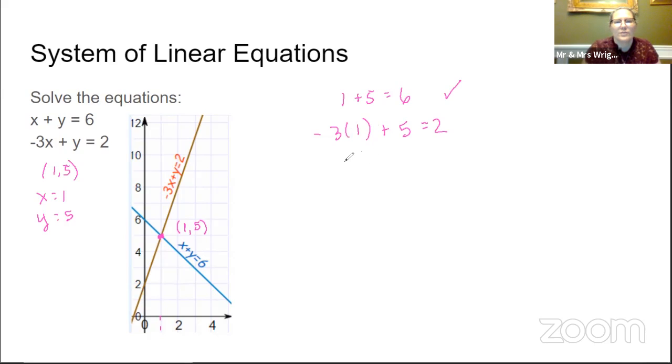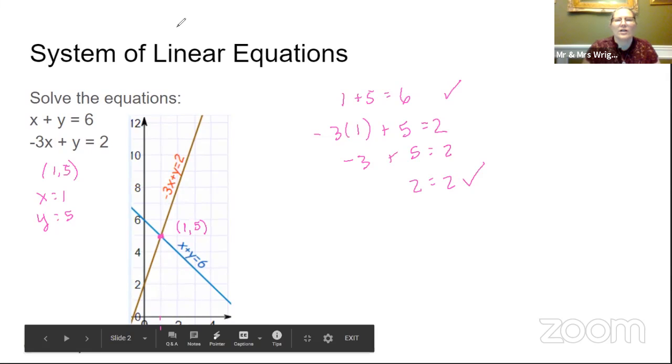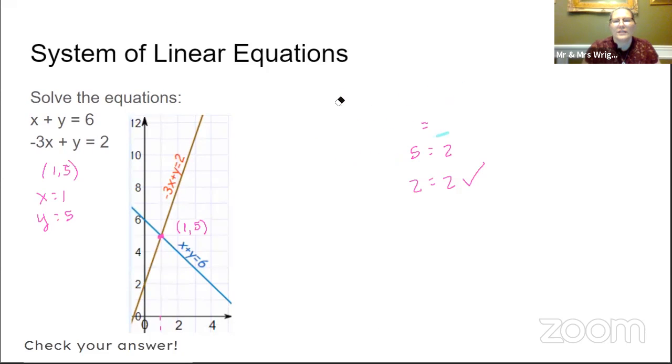Negative 3 times 1 is negative 3, plus 5 is a positive 2. 2 equals 2. That one is also true. So we do have the correct answers. That's how we check our answer when we are solving a system of linear equations.